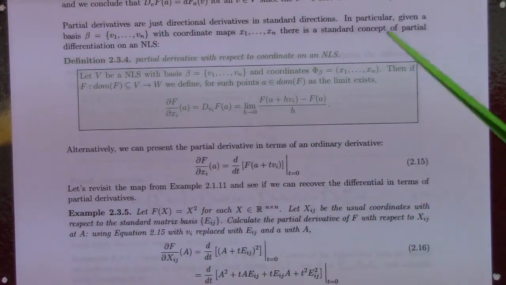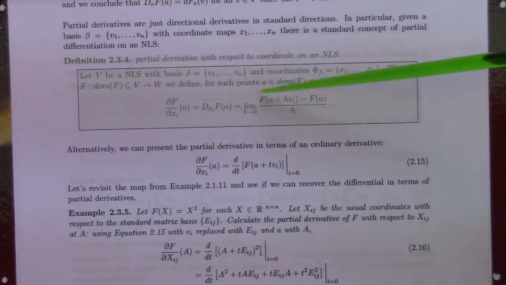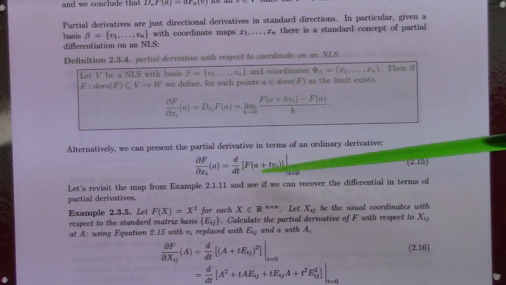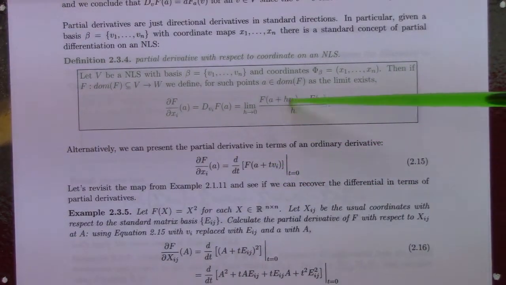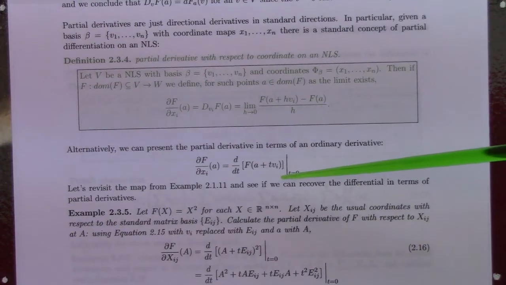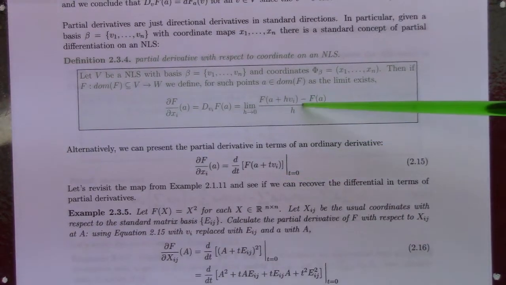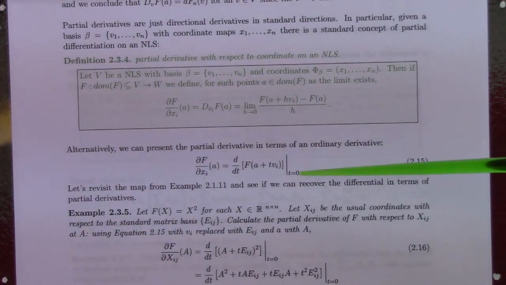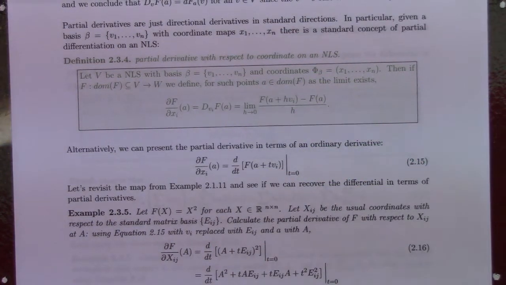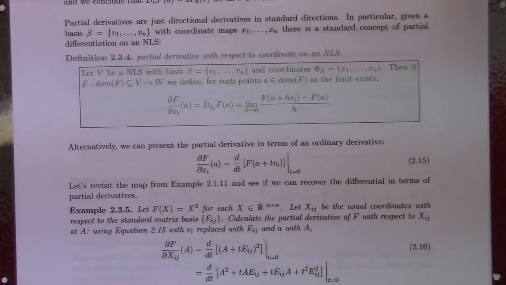Probably not. And it's nice to rewrite this limit as a derivative, right? This ties into our previous discussion with derivatives of vector-valued functions of a real variable. There it is.